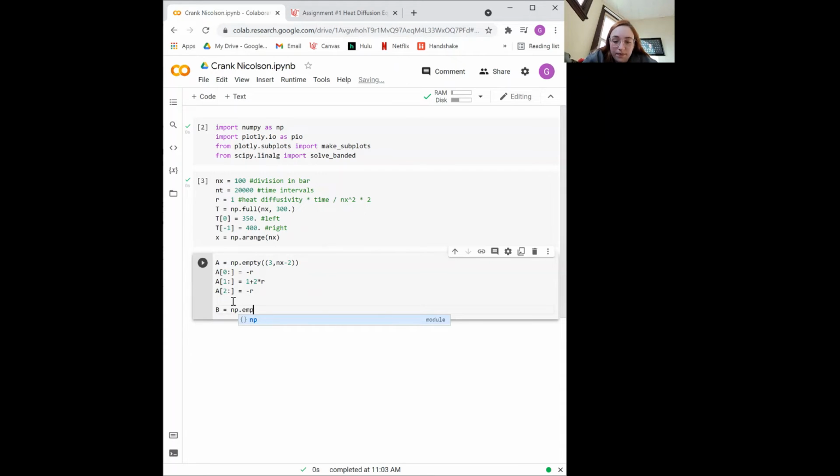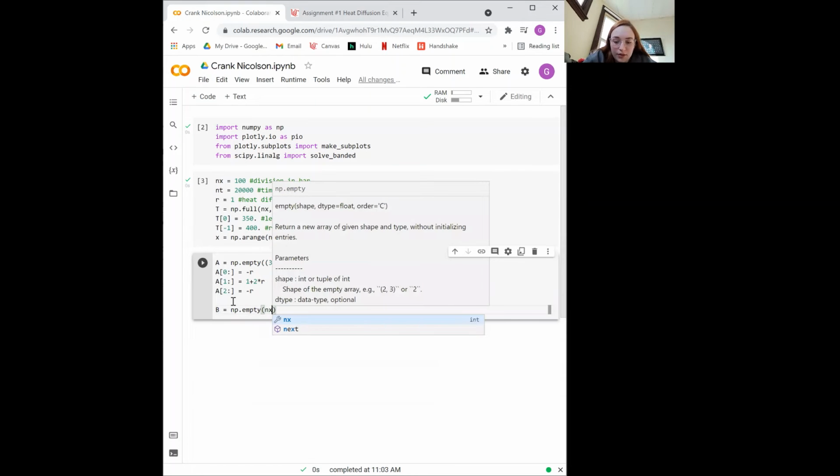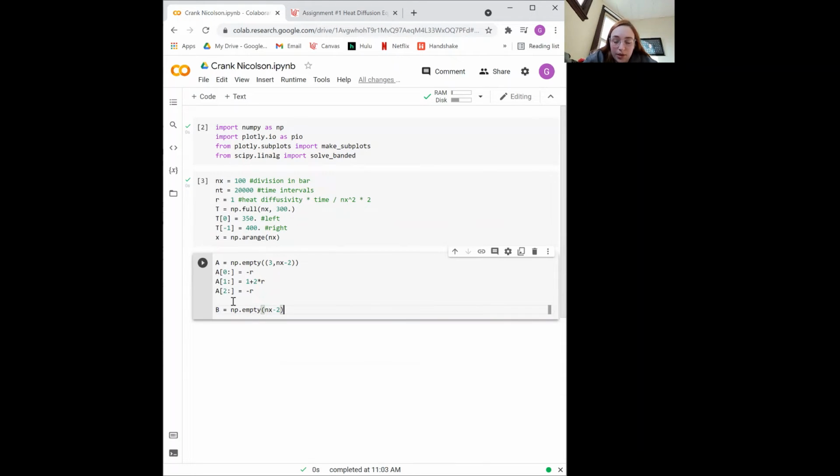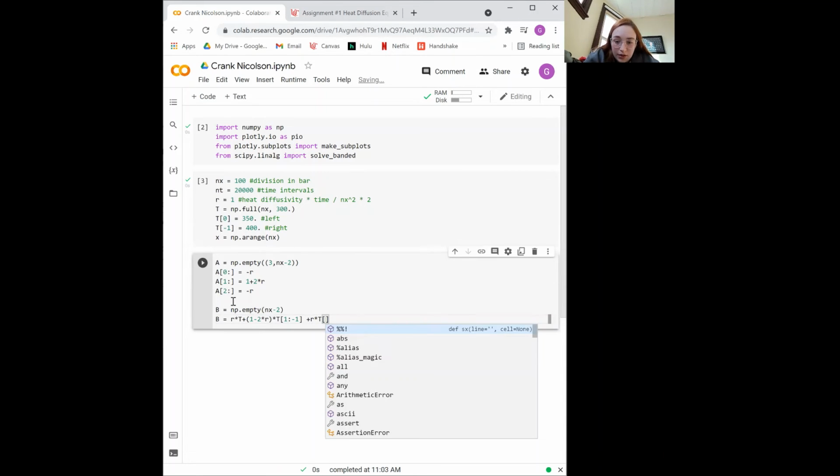It's an x minus 2 again, but this is just one column, so we don't need the 3. And then b is equal to r times t plus 1 minus 2 times r times t, 1 to negative 1, plus r times t, and then 2, negative 2.